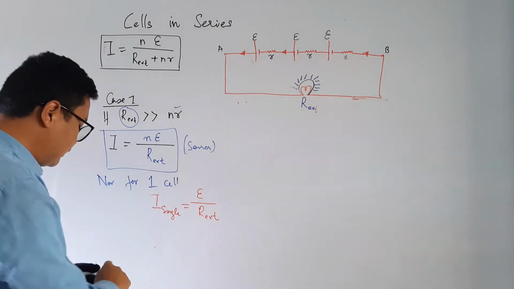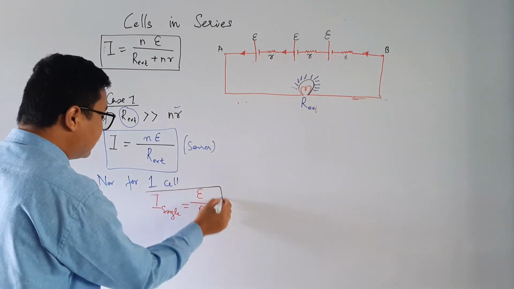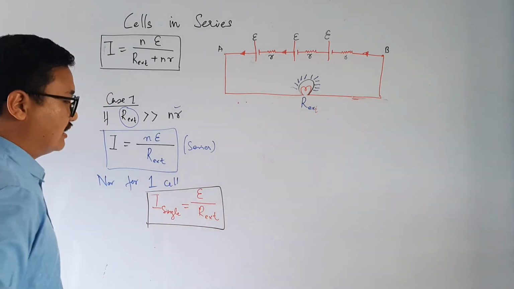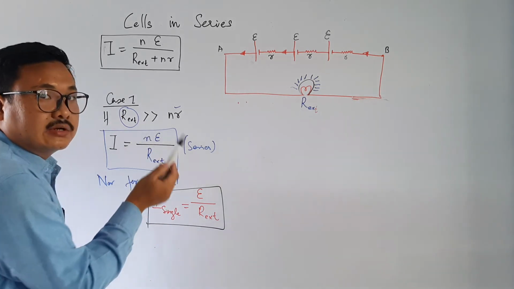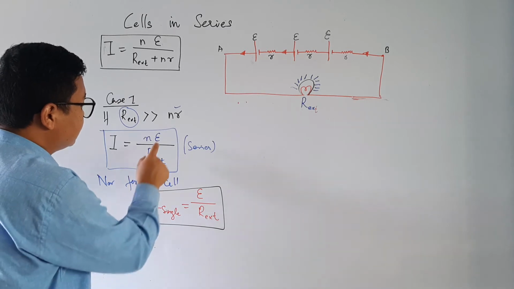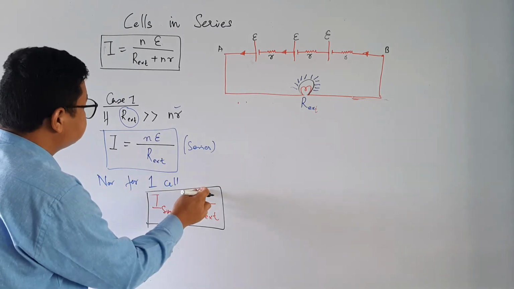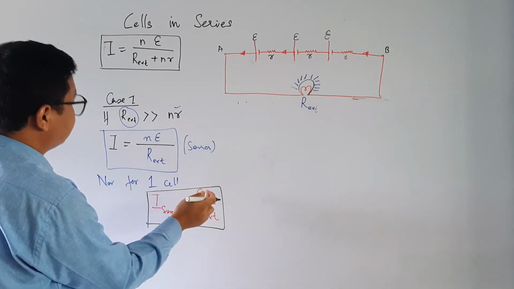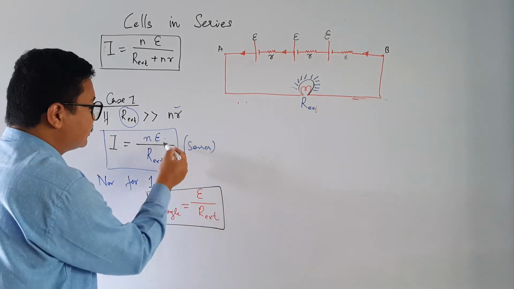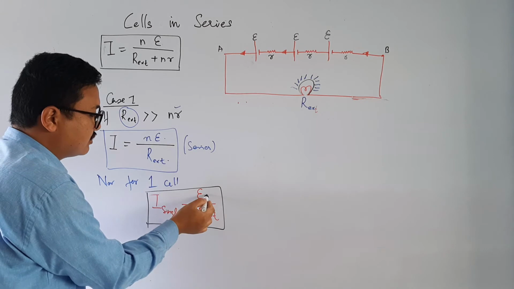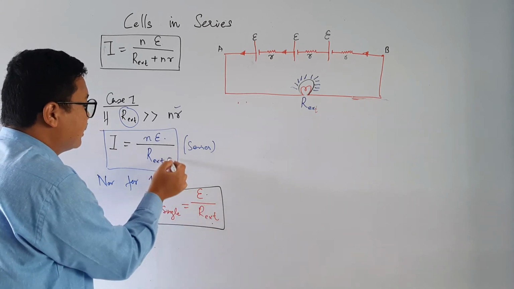Now tell me, compare these two equations, which is larger? Here is n. If there are two cells, then this E and this R_EXT are the same in both cases. Here also E by R_EXT, E by R_EXT.